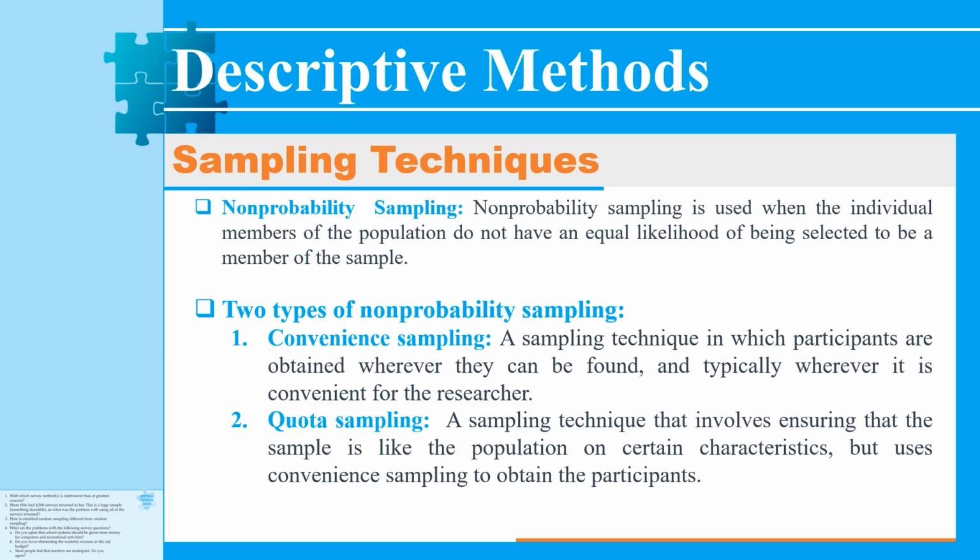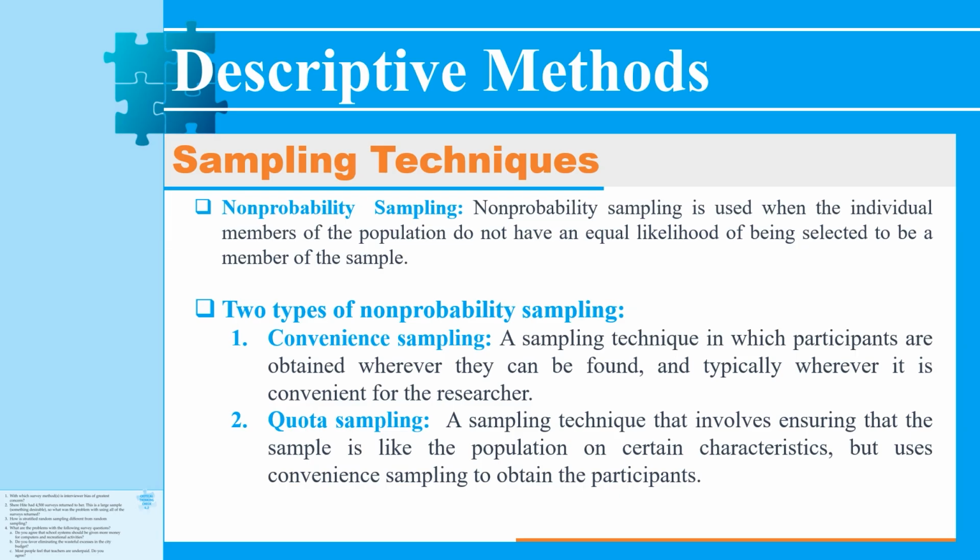This is sometimes referred to as haphazard sampling. For example, if you wanted a sample of 100 college students, you could stand outside the library and ask people who pass by to participate, or you could ask students in some of your classes to participate.